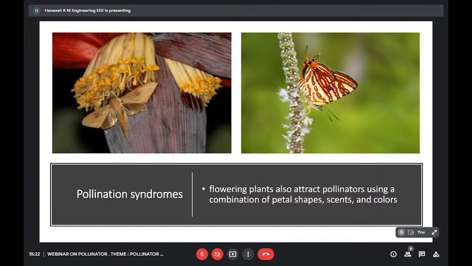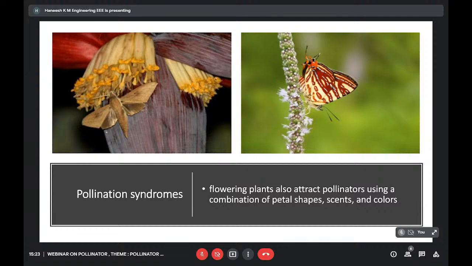Now I'll be talking about pollination syndromes. The flowers are looking to attract various pollinators. The color of the flowers is attracting them, or some of the flowers have a good fragrance.